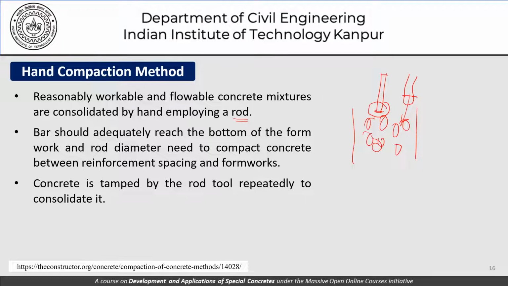Some of those things are a matter of the codes, but at the same time they are also governed by practice and ease of operation. So the concrete is stamped by the rod tool repeatedly to consolidate it.